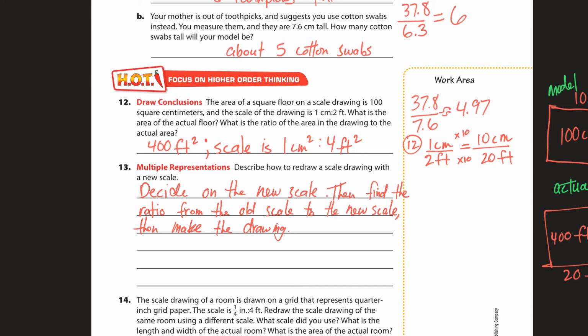Okay, so for example, 1 to 3. That could be the new ratio. And you would redraw the dimensions at 3 times the original size.